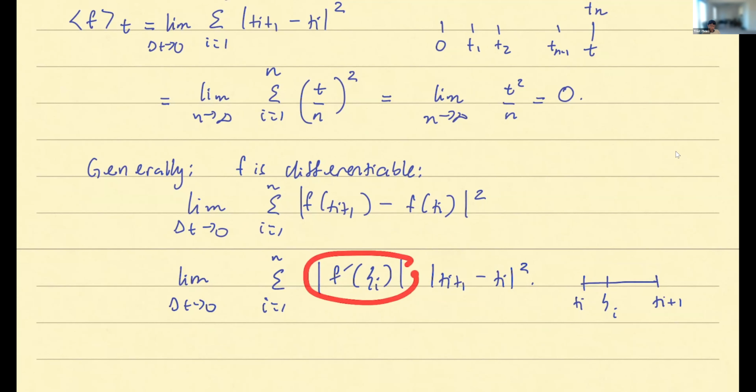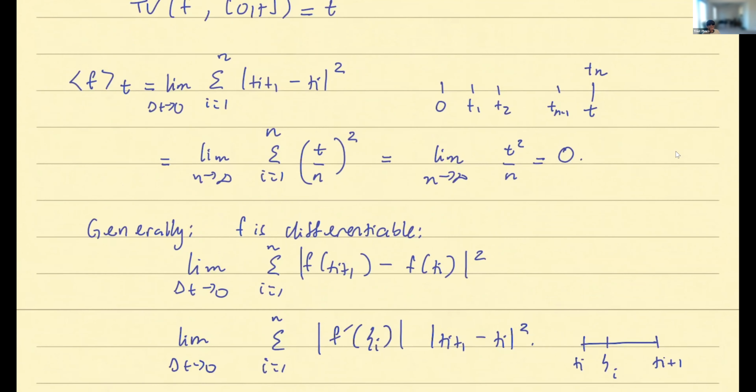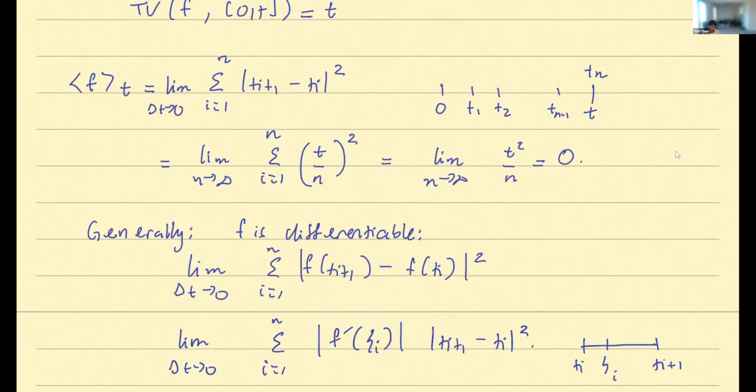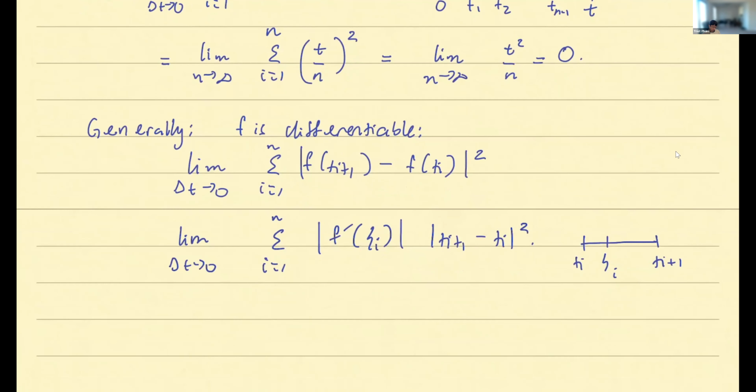Now, what can we do with this? Well, here we say f is differentiable. I guess we kind of say something more. We say it's continuously differentiable, or at least the derivative is bounded on this time interval, which is reasonable. It's not going to get super steep.